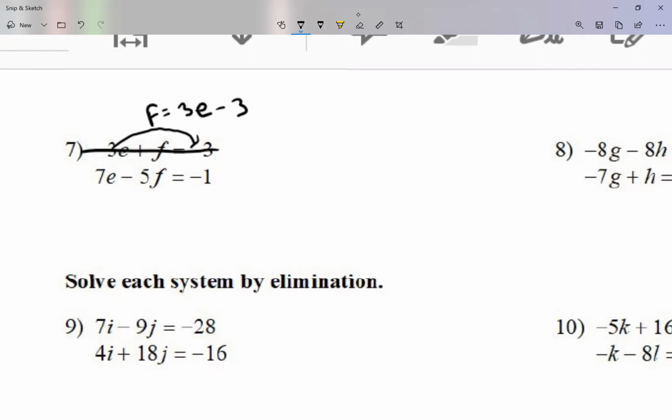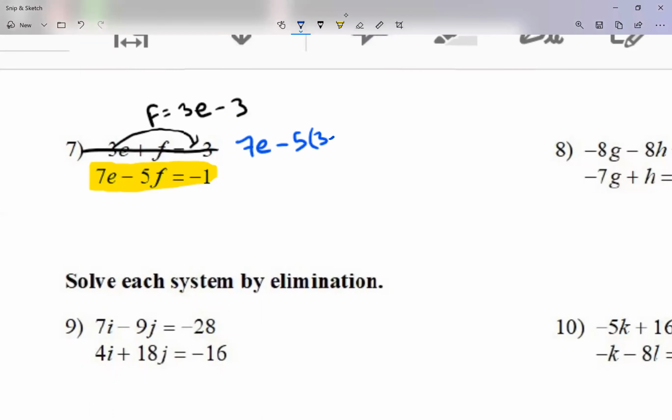Okay. So I'm going to rewrite the second equation, but instead of F, I'm going to write 3e minus 3. So let me rewrite this as 7e minus 5, inside parentheses, let me write 3e minus 3, and all of this is equal to negative 1.